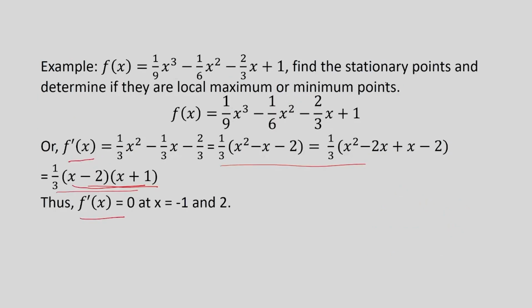So, that is what we were supposed to answer, to determine if there are local maximum or minimum points. So, you have two stationary points minus 1 and plus 2. At minus 1 you have a local maximum, and at plus 2 you have a local minimum.